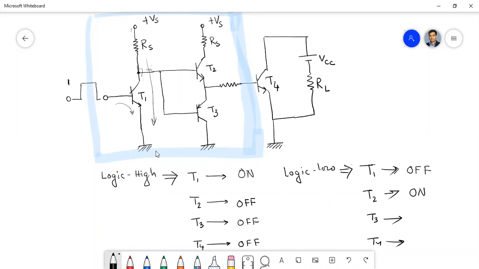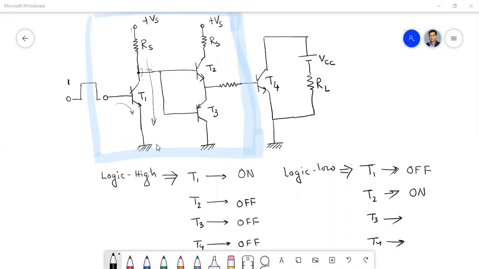Okay. Now, what will be the condition for T3? Off. Why? Base emitter reverse bias.